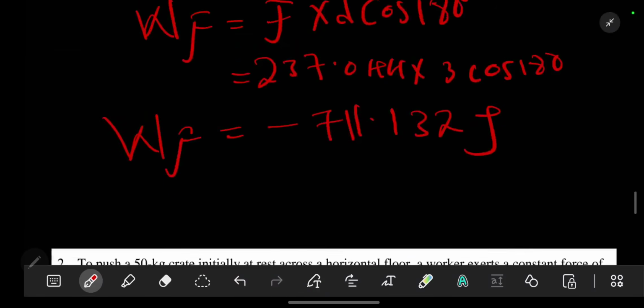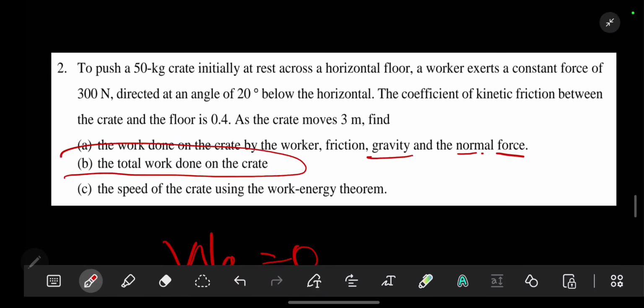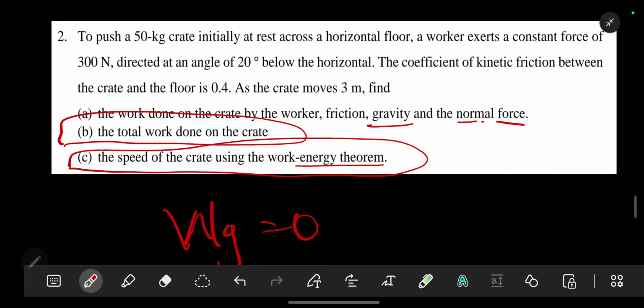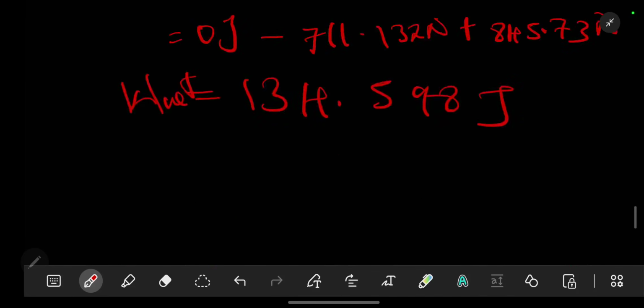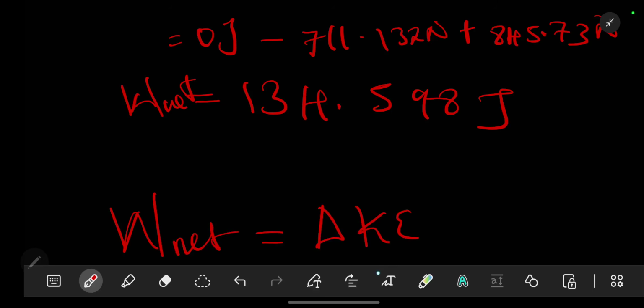So this was the total work done. The last question was asking us to find the speed of the crate using the work energy theorem. According to the work energy theorem, the net work done is equal to the change in the kinetic energy.